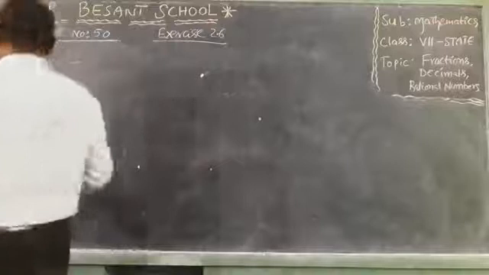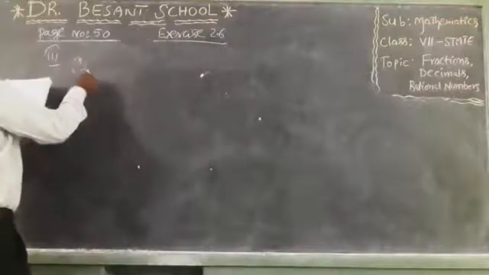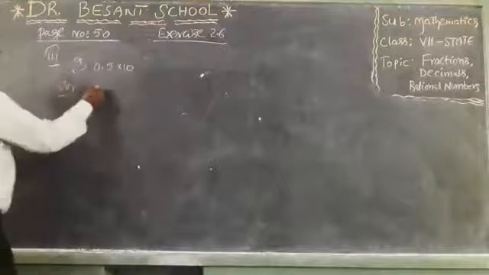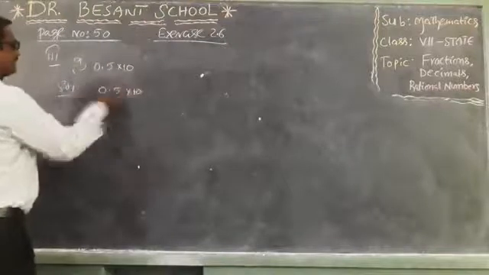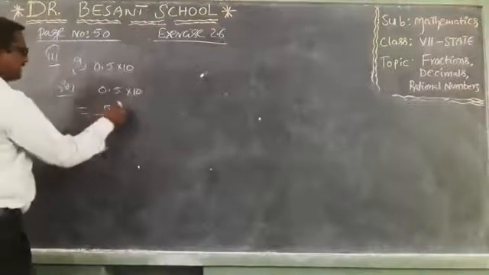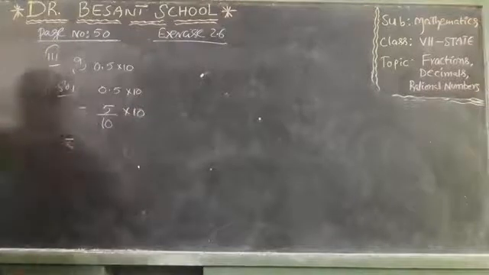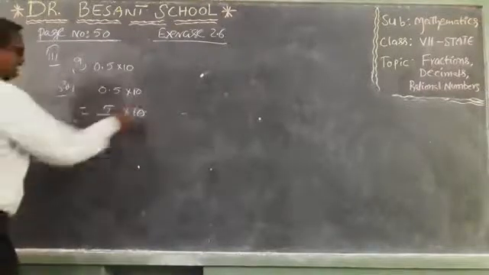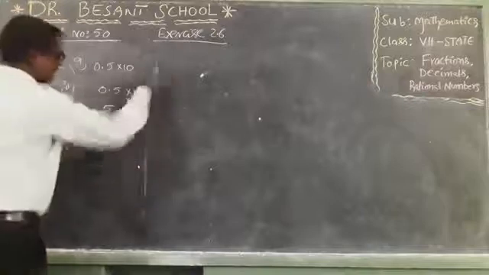Ninth one from this Roman. This is 0.5 into 10. 0.5 means 5 by 10 into 10. 0.5, how have I written? 5 by 10 into 10. 10 cancels, the answer is 5.